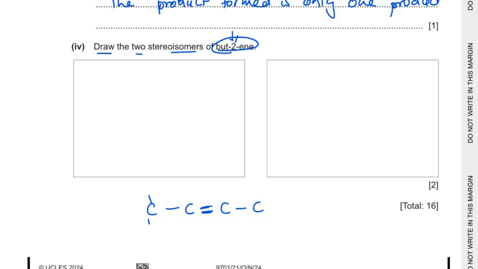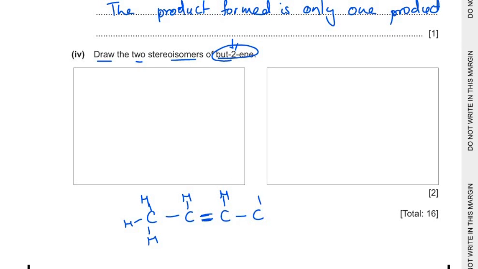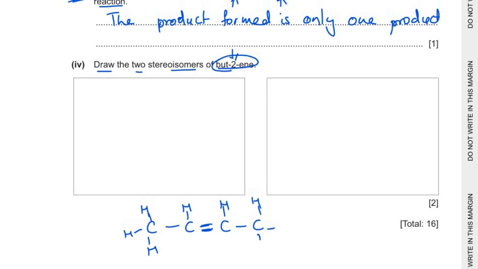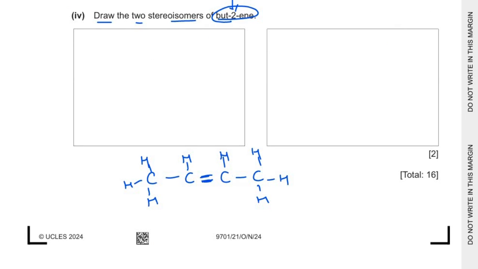Now the remaining will be hydrogen on each carbon. So here there is 1 hydrogen each, and here, yes, there are 3 hydrogens on the last carbon. Now if we want to draw the stereoisomers of butene, obviously if we have one double bond here, it's going to form geometric isomers.